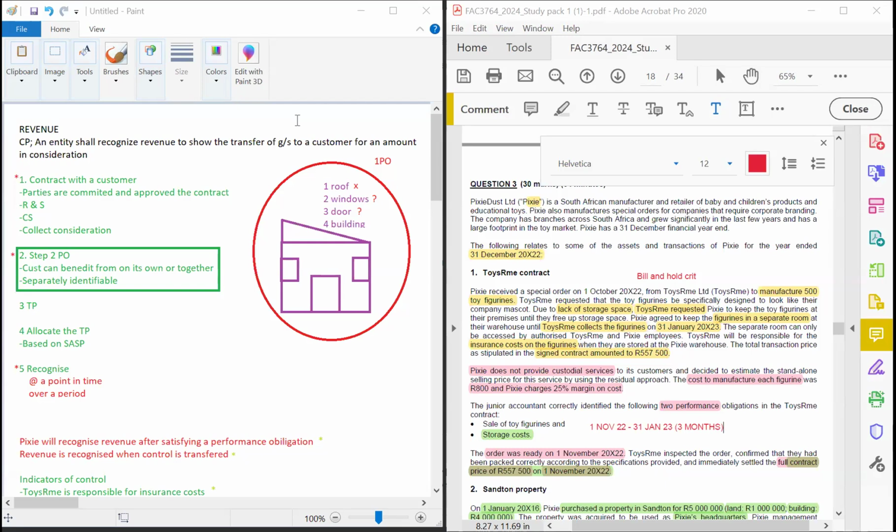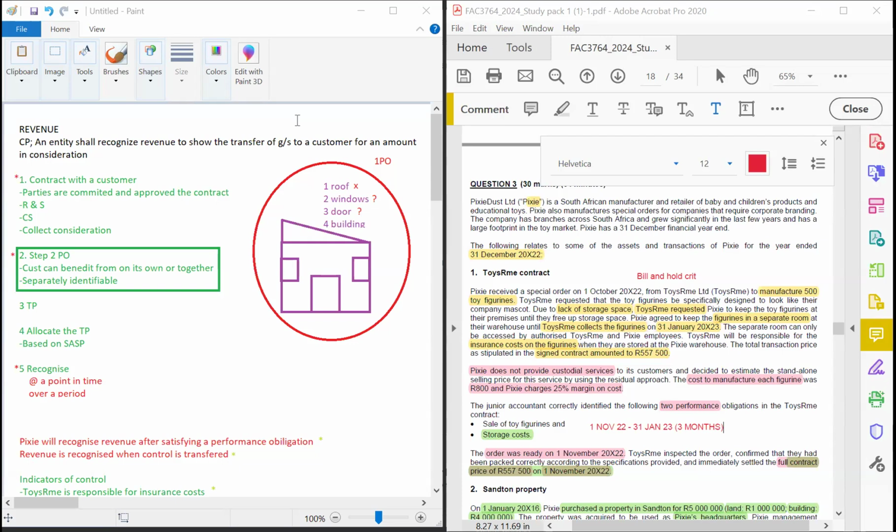Residual approach in revenue. There is not a problem. So the residual approach in revenue is a revenue recognition method, right? Essentially it is used to determine standalone selling prices, when sometimes a service or a product is variable, right?